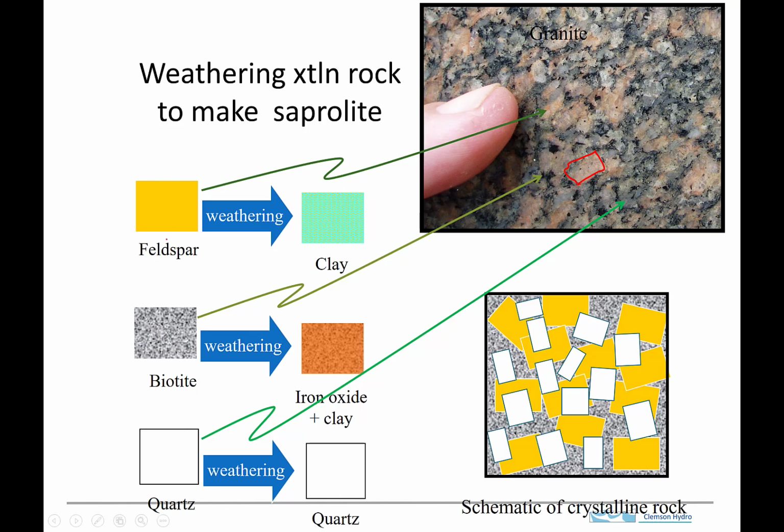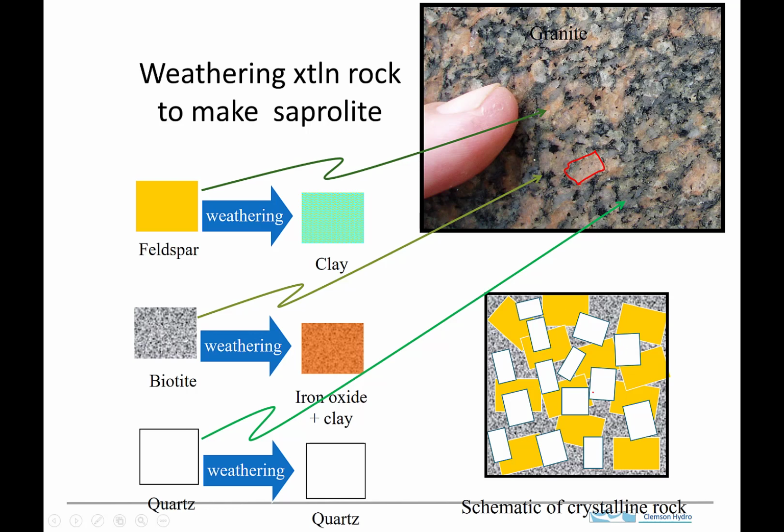But biotite and feldspar do. And if you look up here at this granite, you can see that the biotite and feldspar form kind of an interconnected backbone. The quartz is there, and it's an important component of this material.